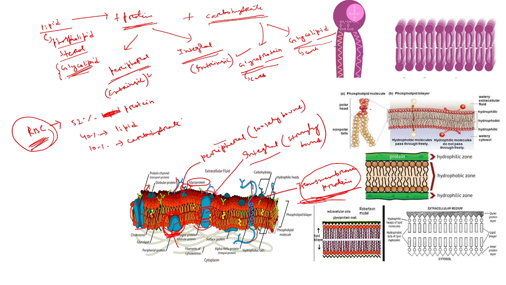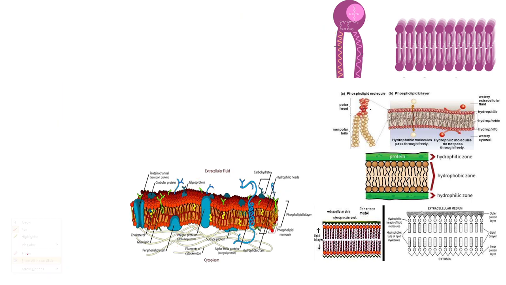Okay, so this is the structure of the lipid bilayer. Why is it called the fluid mosaic model? The structure is called the fluid mosaic model.